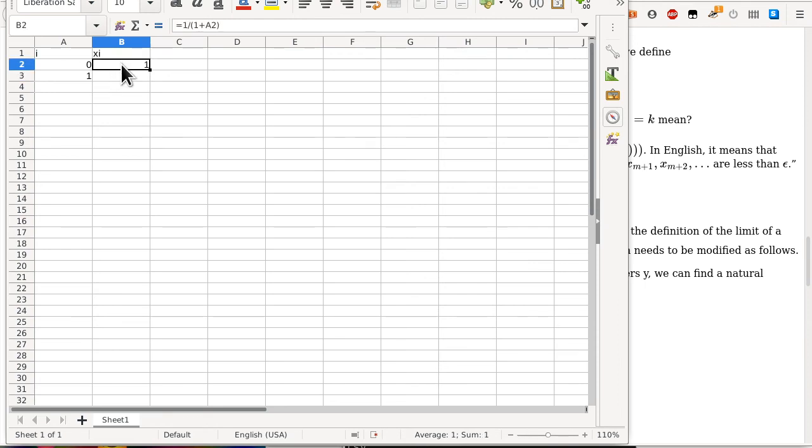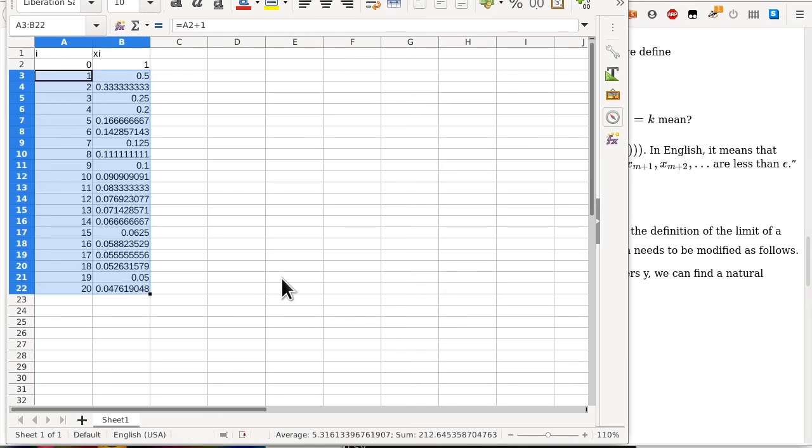So x of I is approximately the reciprocal of I, but not exactly, so that I don't have to deal with division by 0. None of this is really surprising, right? If I just make an example of this particular sequence, I can give you up to like 20. And this is not really surprising.